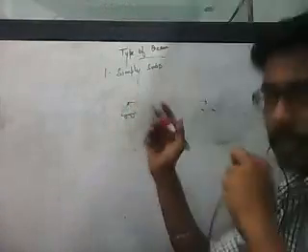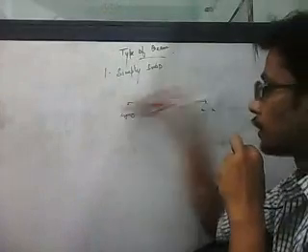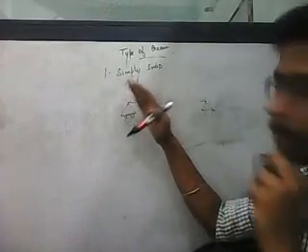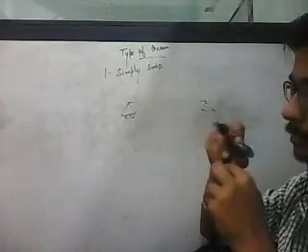Right now, types of beam. First one is simply supported, like this. The support may be of any type, maybe roller, maybe hinge.